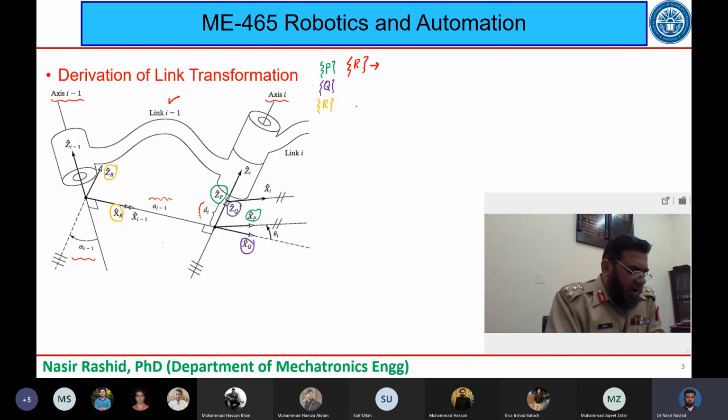All right, so let us first see what we have here. Let me take the red color, and let us see frame R. This is frame R. This differs from frame I minus 1, which is Z I minus 1 and X I minus 1, in terms of a rotation, which is alpha I minus 1. So let me write it down here.